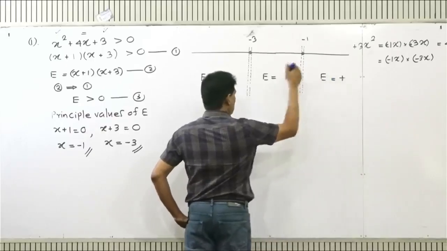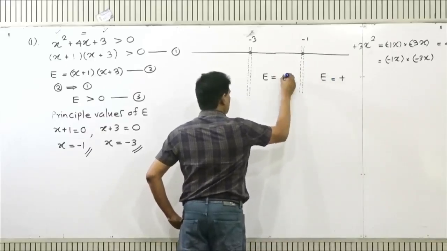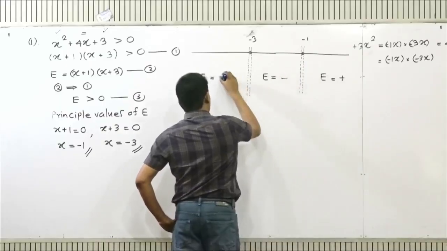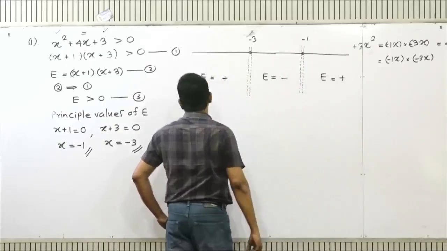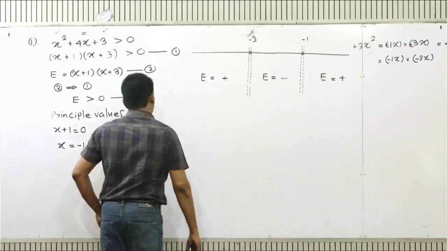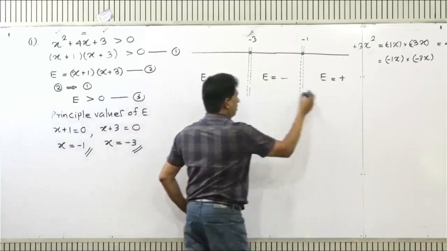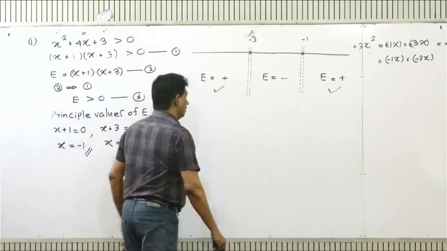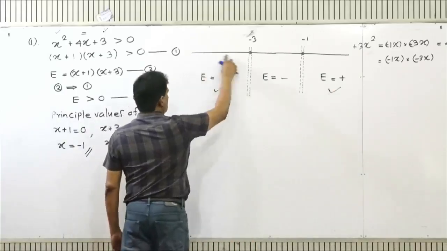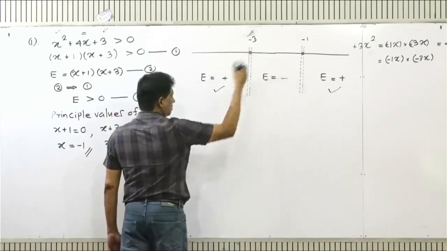Here positive, then here negative, here positive. Now we want the positive area of E. That means this area and this area. This is a solution area, and that is also a solution area.